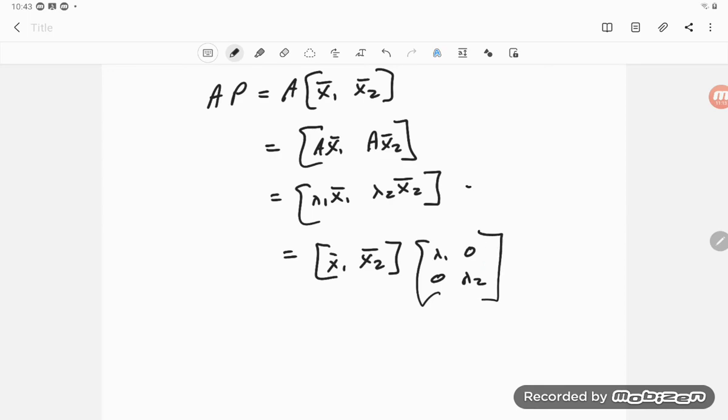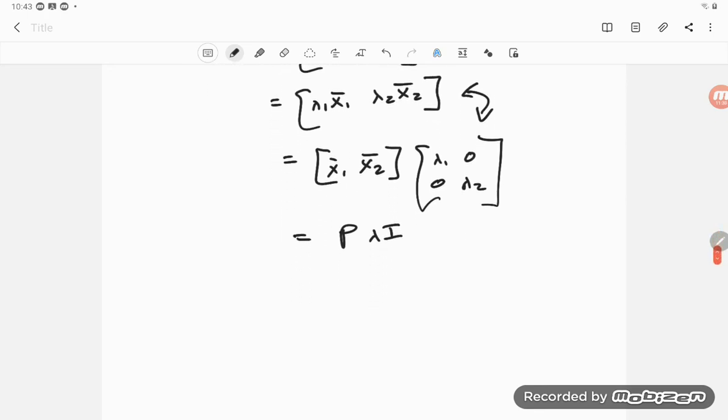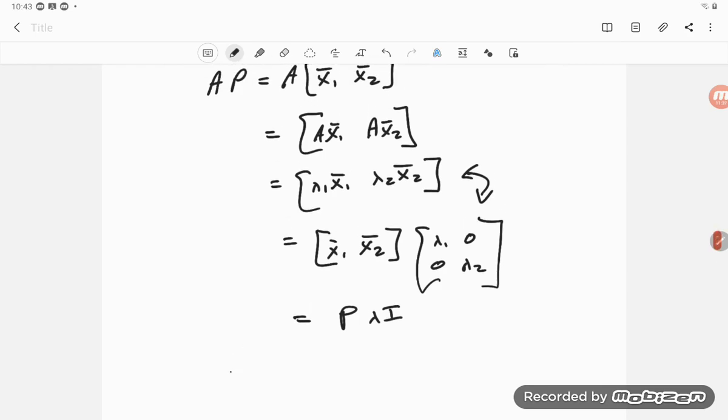These two things generate the same matrix.